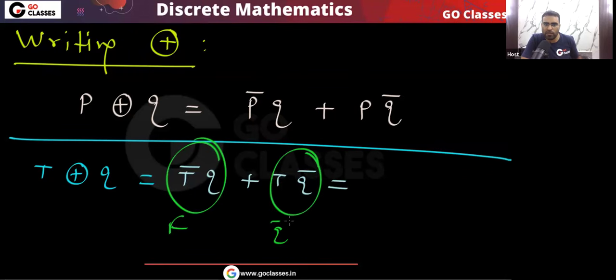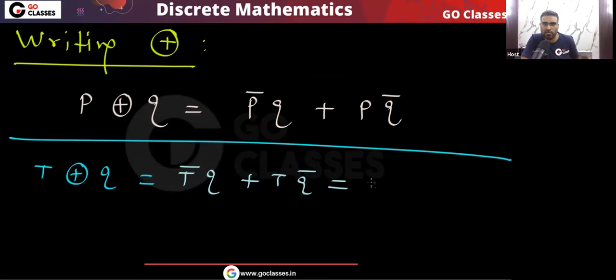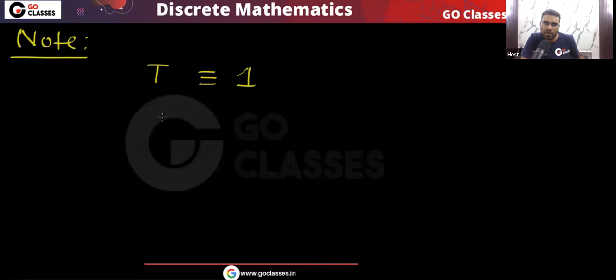This will be Q bar. What is Q bar or false? That is Q bar. So you got Q bar. Very simple, right? Now whatever you want, you can do. Agree? One thing I want to tell you: true, you can also write as 1, and false, you can also write as 0.